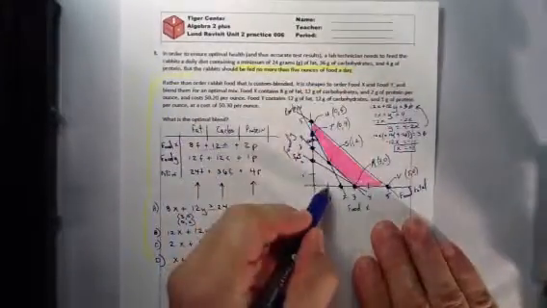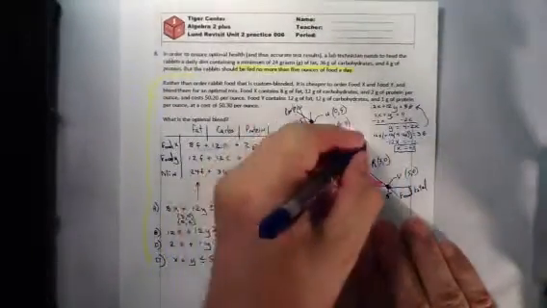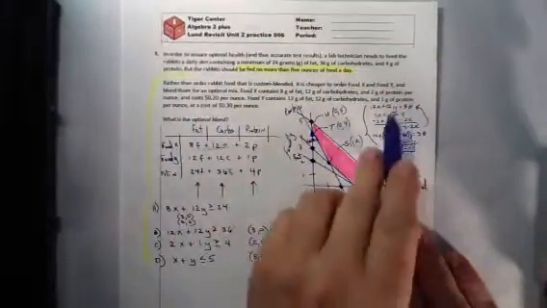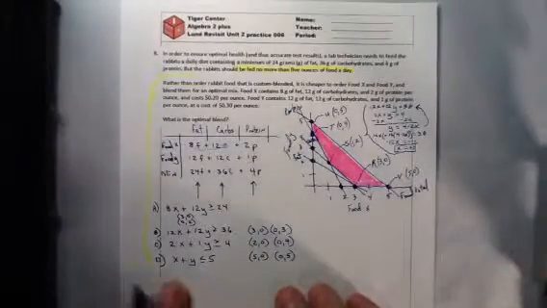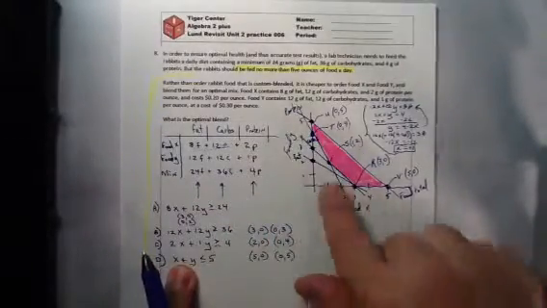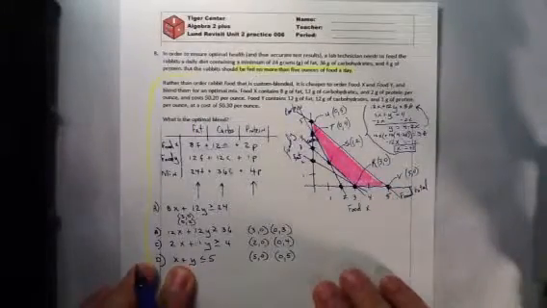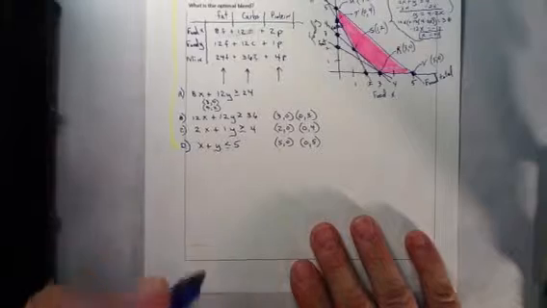X is equal to a positive 1. And that looks about right. Positive 1. We plug the 1 back in and we see that y is 2. So whenever we need to find an intersection point of two lines, we can use substitution to find it.